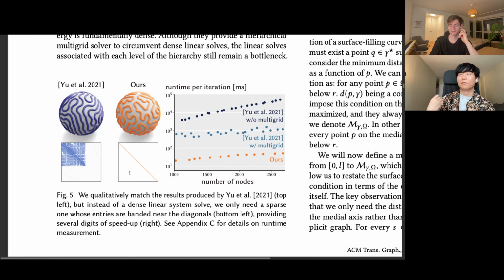If you think of the first order derivative or even the second order derivative per node, then all you need is the incident nodes. You don't need to consider the nodes that are far away from that node. So if you think of the length energy, what you only need to consider is your neighbors, not random nodes in your curve.